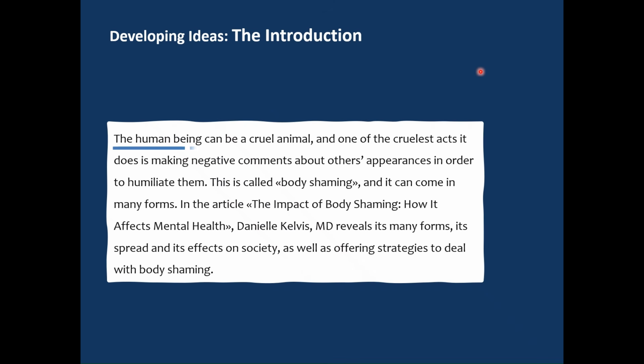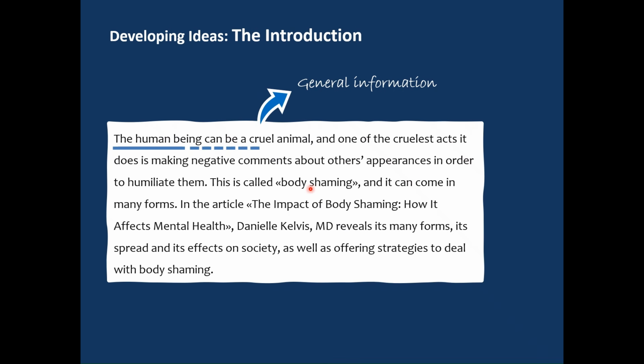The human being can be a cruel animal, and it goes on. Now, this is a general introduction to the topic to warm the reader up to what we are going to say. Notice how the sentence flows with the ideas being a cruel animal, one of the cruelest acts, making negative comments about others' appearances.